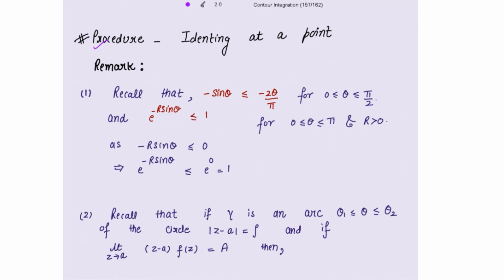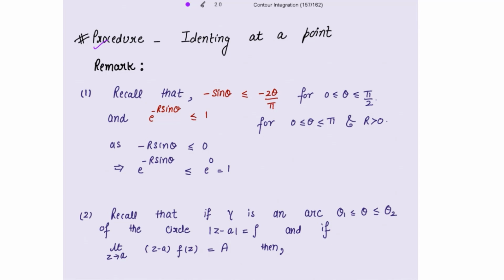So the remarks are: the first one, you already know, because we have already discussed this. Recall that sine theta is greater than or equal to 2 theta over pi for theta lying in the closed interval 0 to pi by 2, and e to the power negative r sine theta is less than or equal to 1 for theta greater than or equal to 0 and less than or equal to pi, with radius r strictly greater than 0.